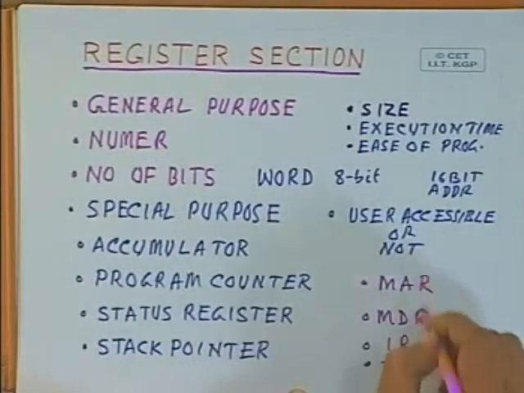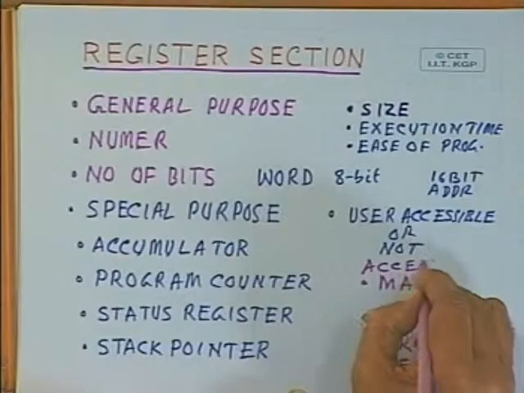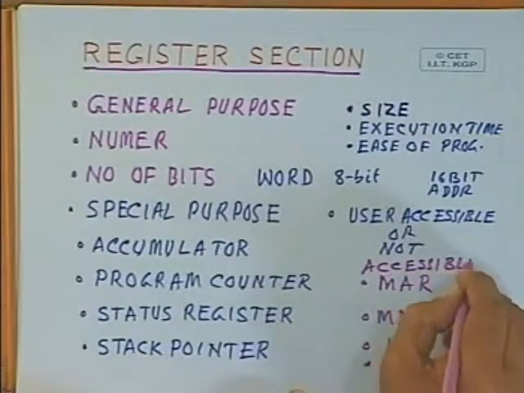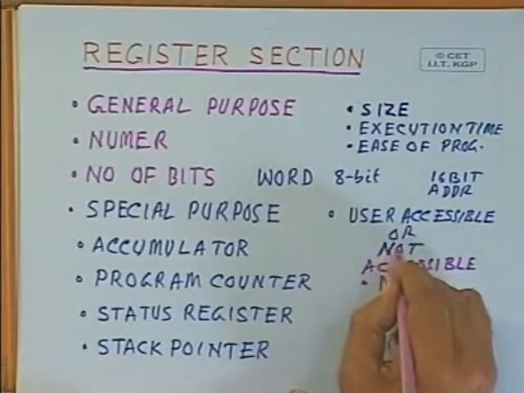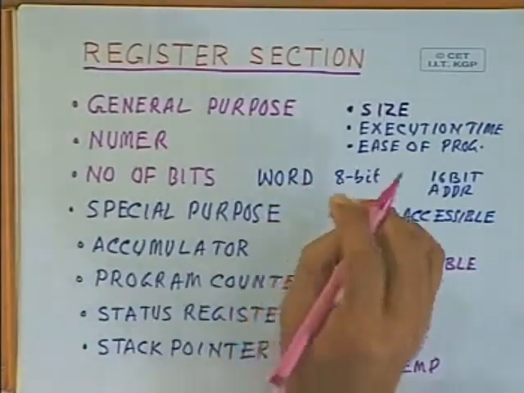These are not accessible. These registers are not accessible to the programmer. That means programmer cannot access them, but nevertheless they are inside the microprocessor and they perform useful function.